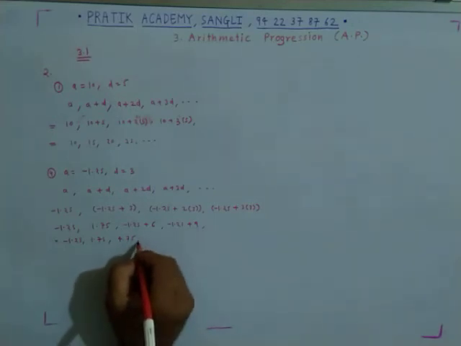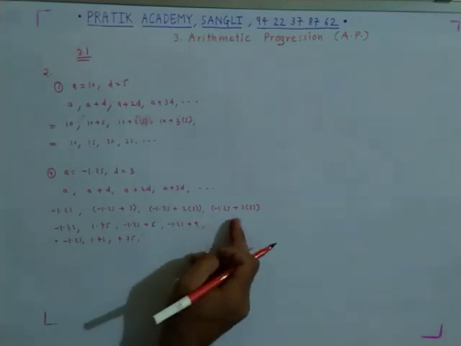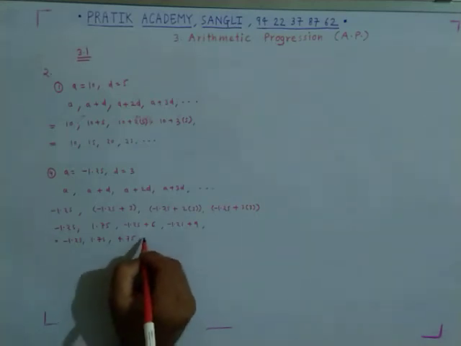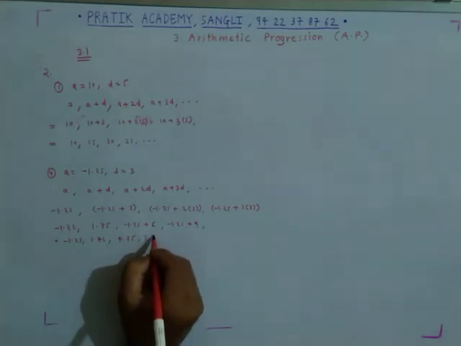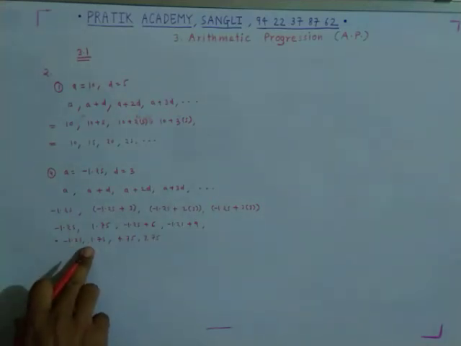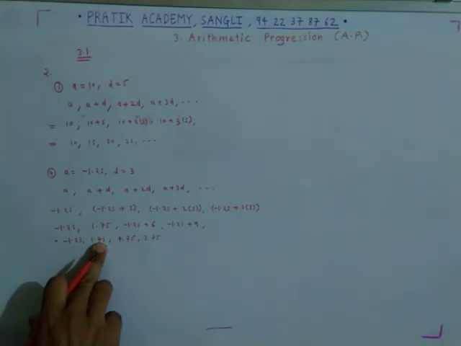Okay, here 9 minus 1.25, so the difference is 7.75. So if you look here, minus 1.25 plus 3 is 1.75.